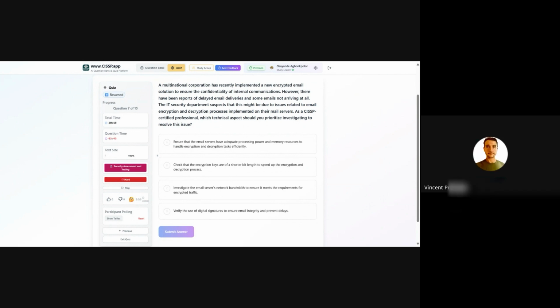This just seems like a problem you could throw more compute at and solve, right? That's why I went with A. Well, you're specifically going for internal email, and your encryption keys may be too long, too complicated.